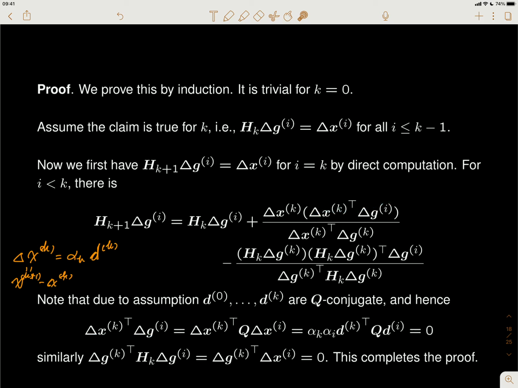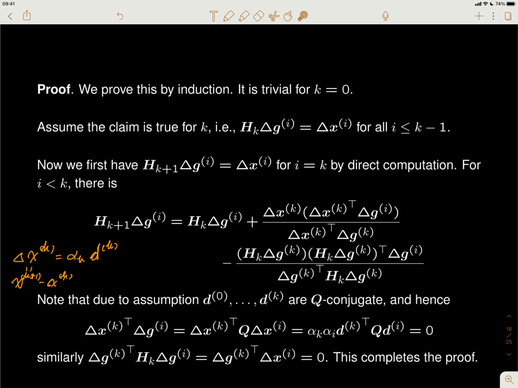Similarly, we can show that the delta g_k transpose H_k delta g_i term is equal to 0. Recall that H_k satisfies the induction hypothesis, so this part is just delta x_i. Well, delta x_i is equal to alpha_i d_i, so this term is just alpha_i d_i.